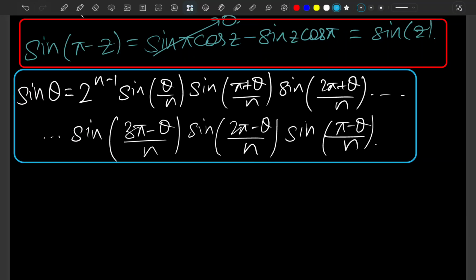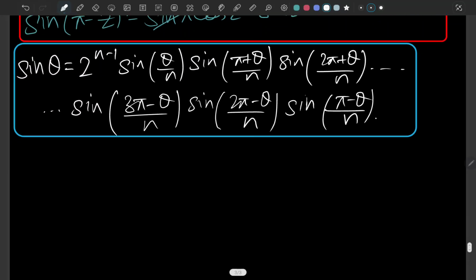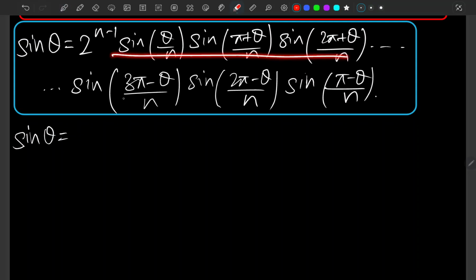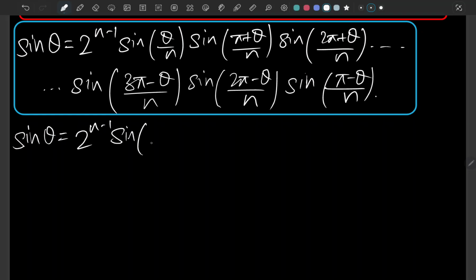Okay, next, let's talk about a term in between this one and this one, like I'm talking about here or here. So basically we would have a term like this one. Let me just show you. It's sine theta over n, sine of pi plus theta over n, dot dot dot.